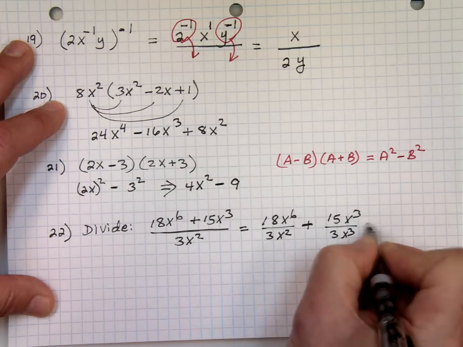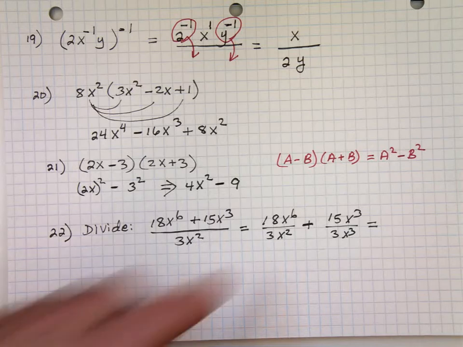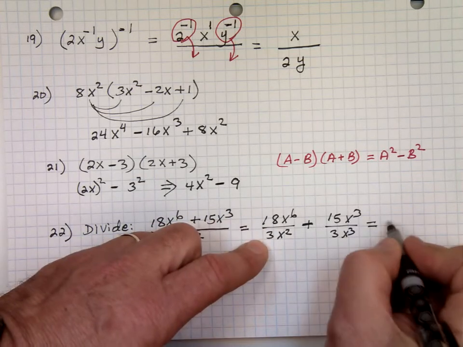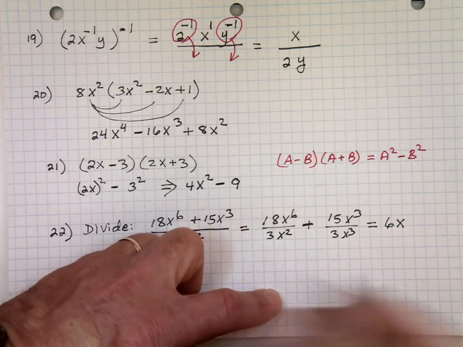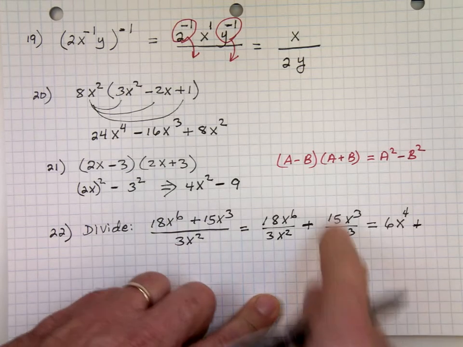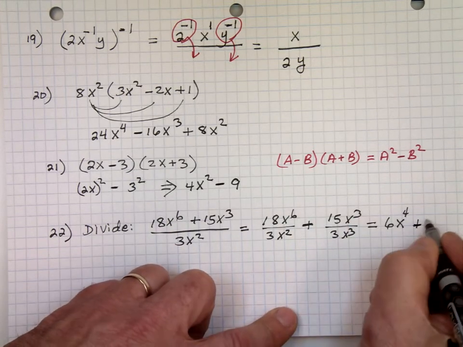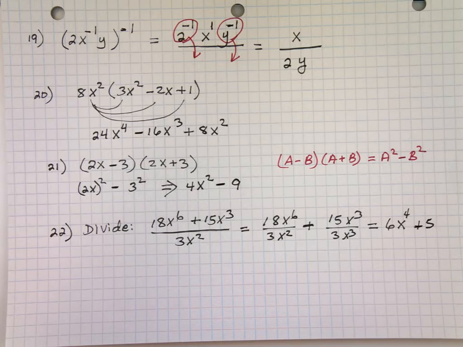What's 18 divided by 3? X to what power? 4, yep. Plus, what's 15 divided by 3? X to what power? There. It cancels out. Gone. That's it.